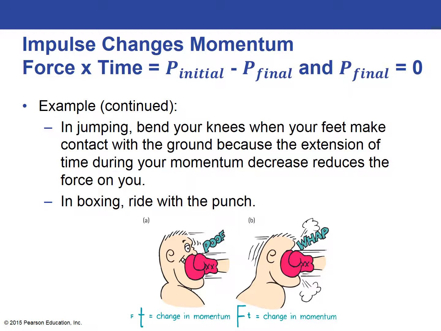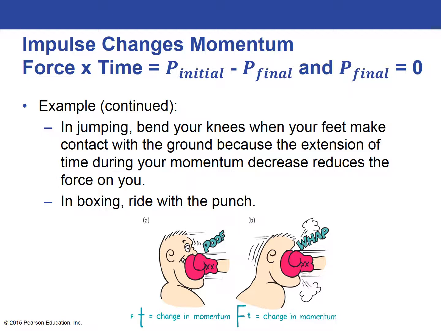And therefore, since the time duration of that impact is much shorter, the force will be much higher because on the right side of the equation, P initial minus P final, that is the same in both scenarios. What differs in the two scenarios is the time duration over which the punch is delivered.